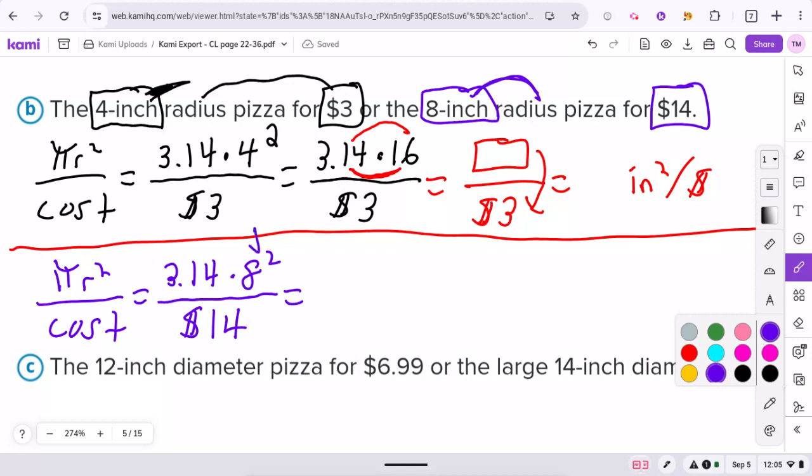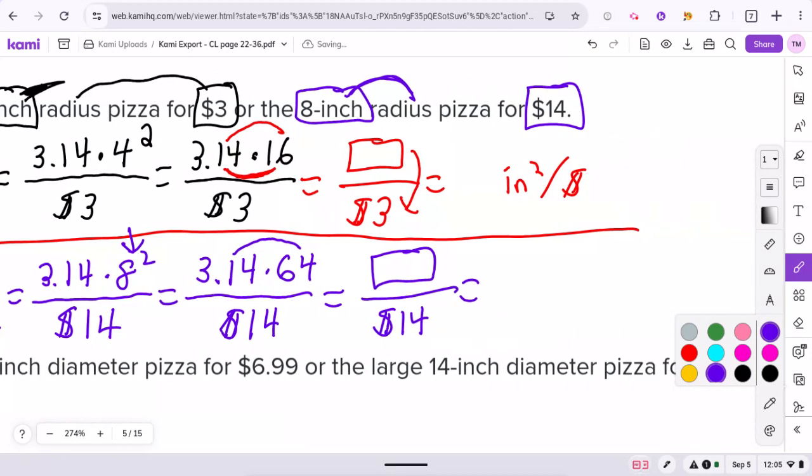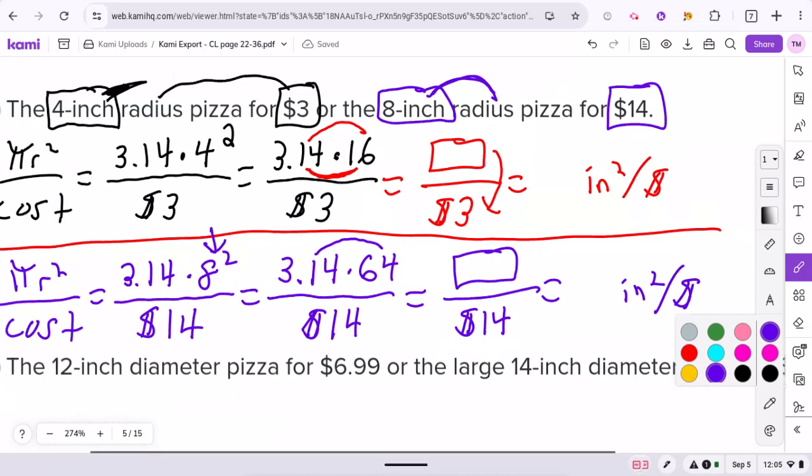Then, of course, you would square 8. 8 squared is 8 times 8, which is 64. Still $14 down on the bottom. And just like above, for those last steps, you would multiply 3.14 times 64, put that answer here, and then you would divide by 14, and that would give you the number of inches squared per dollar. And you'd be able to compare those two.